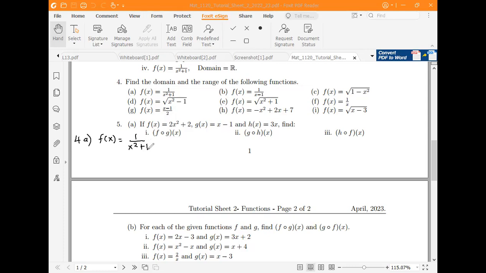We are finding the domain and the range. First, the domain. It's a set of values of x for which the function is defined.